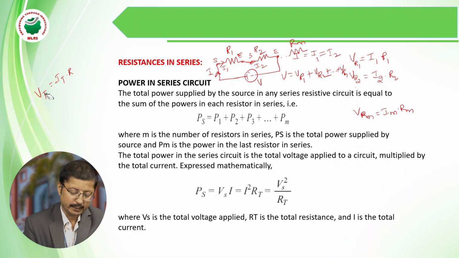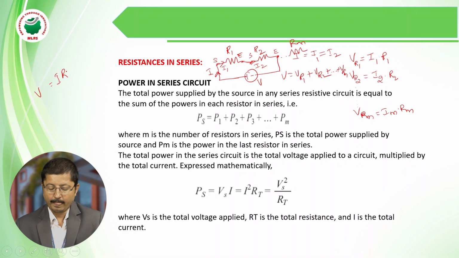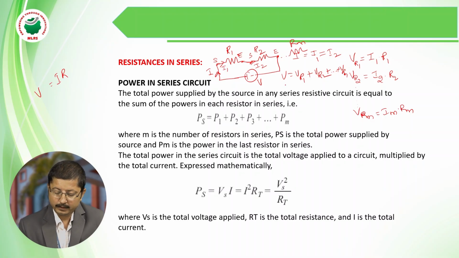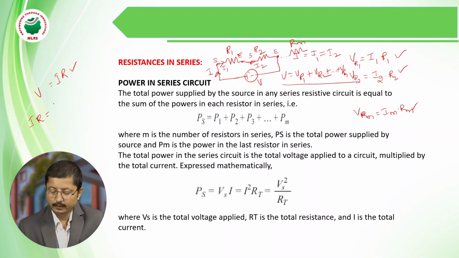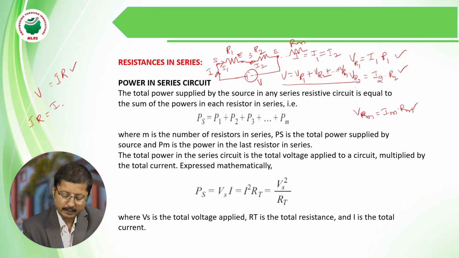In general we can say V equals I into R. Substituting V, V1, V2 up to Vm in this expression, I into R equals VR1 plus VR2 and so on, which is I1 R1 plus I2 R2 plus up to Im into Rm.